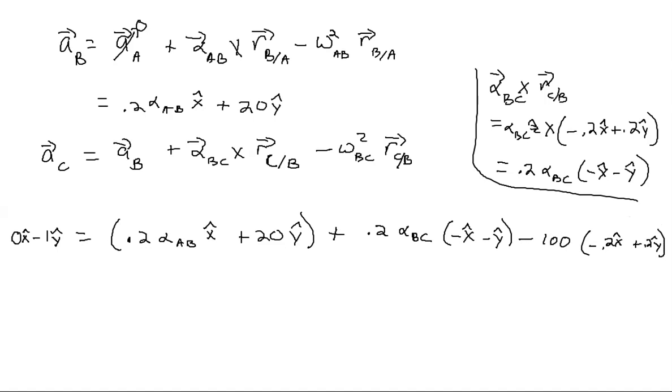What a mess. But this is a one vector equation. There are two components, and we have two unknowns, alpha AB and alpha BC. So it's just a matter of algebra to solve this.